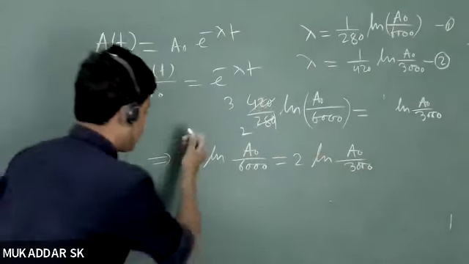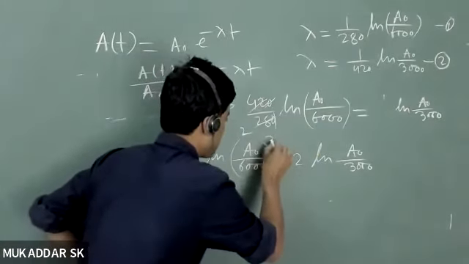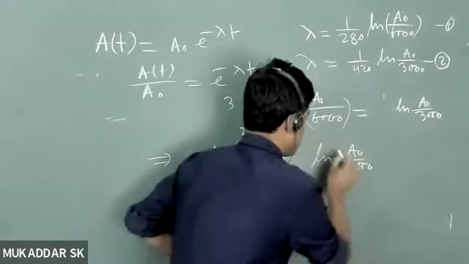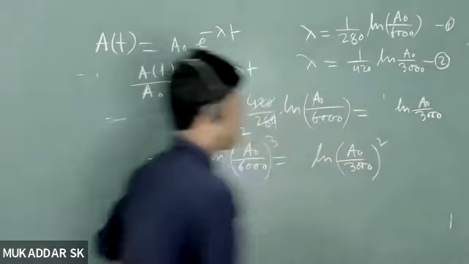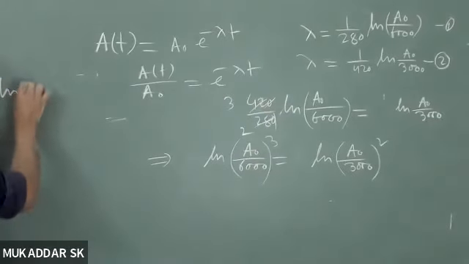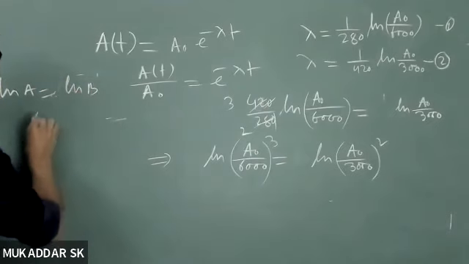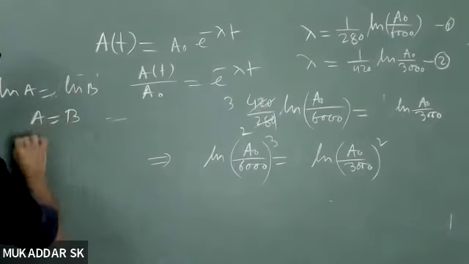And the property of log I'll apply. I can bring this like a power, and this also I can bring like a power. As you know, if you have ln a equals ln b, it means a equals b.